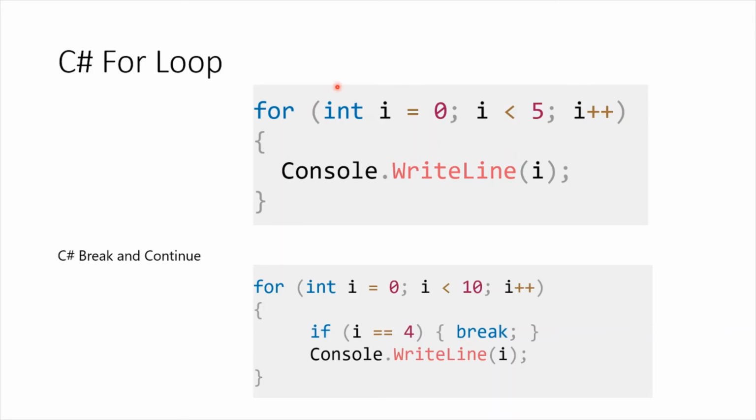So you are executing 3 statements in the for loop, and if this condition is true, you go into the block and you do some operations. Here we are just simply writing the value of i with WriteLine, and it is increased every time. So for the first time, Console.WriteLine will print i as 0, and then for the second time 1, 2, 3, 4. It will only execute until 4 because the condition is i less than 5.